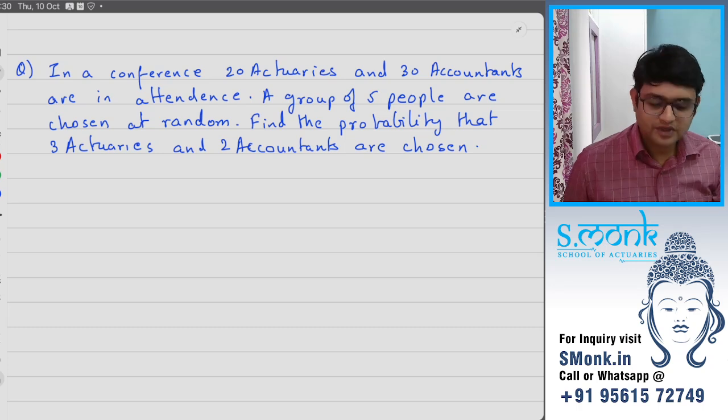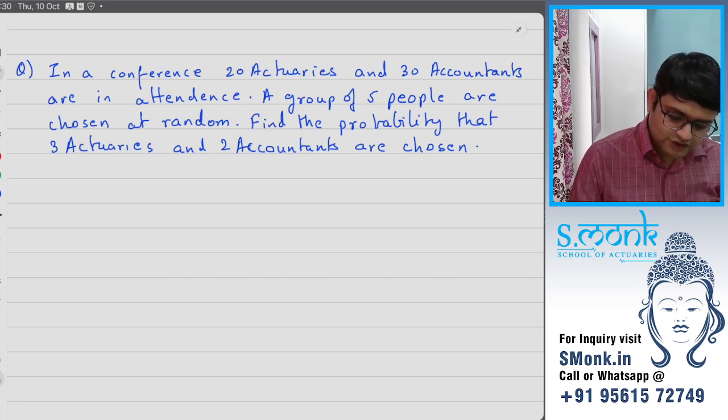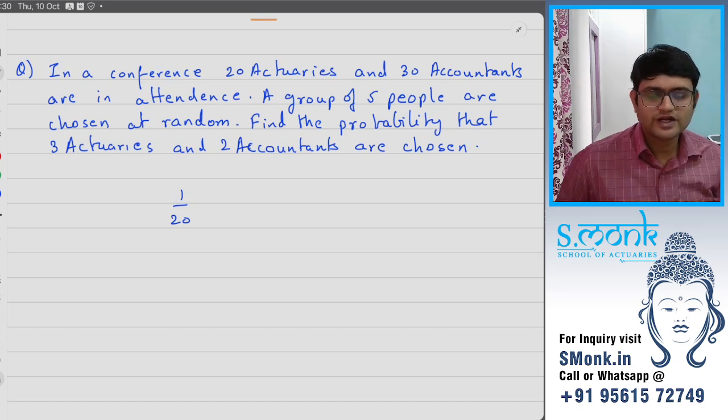This is not independent. If I choose an actuary first, the probability of choosing an actuary would be 1 by 20. I'm choosing 1 out of 20 people. But let's say I have chosen an actuary in the first choice.